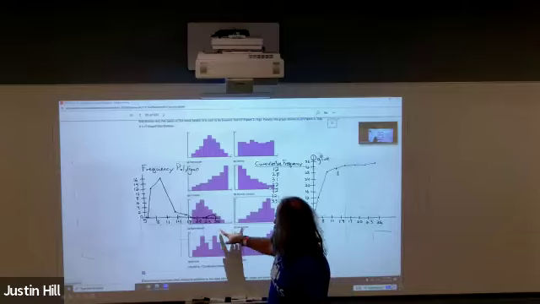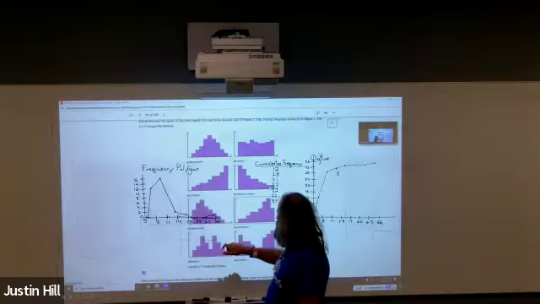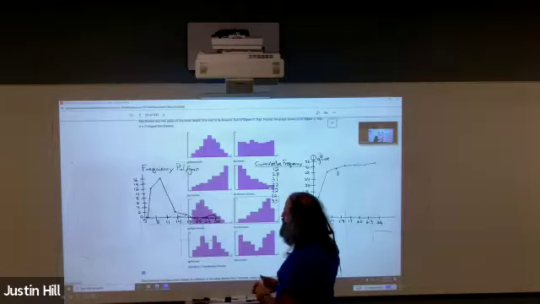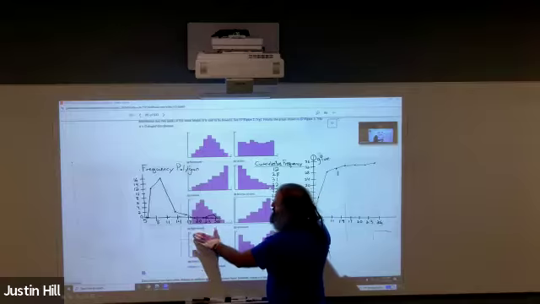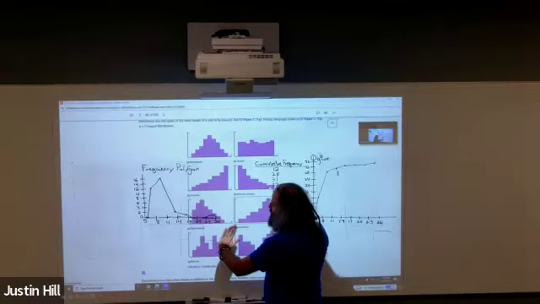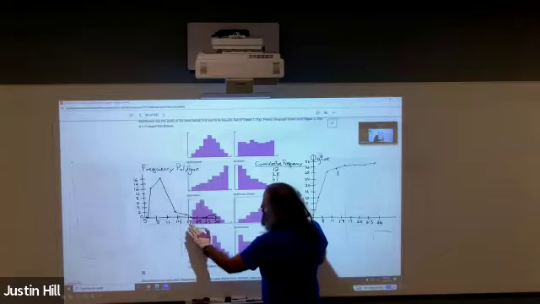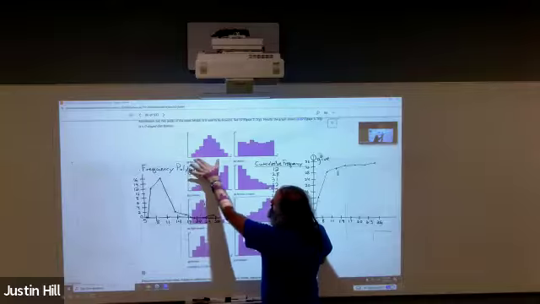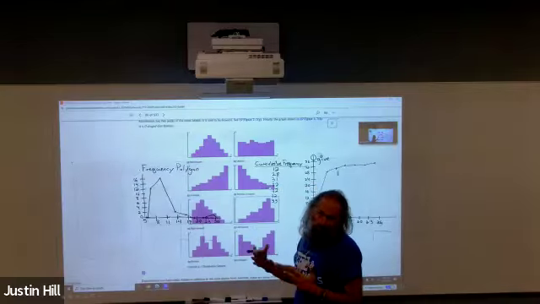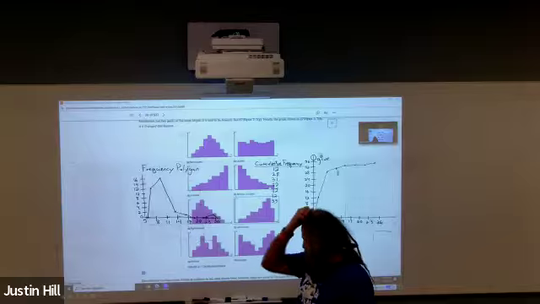Another two that come up decently often are right skewed and left skewed. So notice right skewed, the way you want to think about this. The naming on this is weird. I've always disagreed with their naming on this, but if you compare the skewed graph, so forget right and left right now, if you compare the skewed graph to the bell-shaped graph, what do you notice?